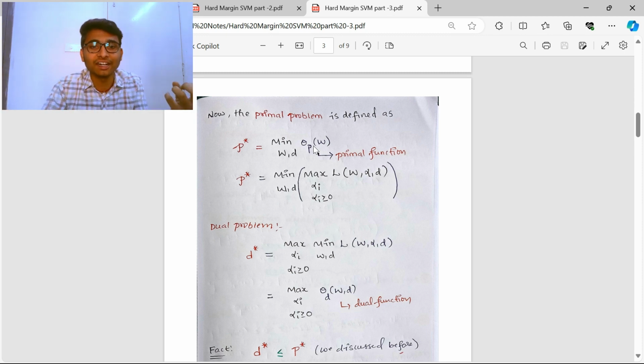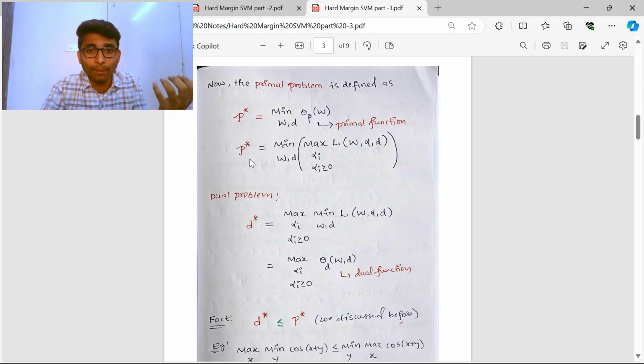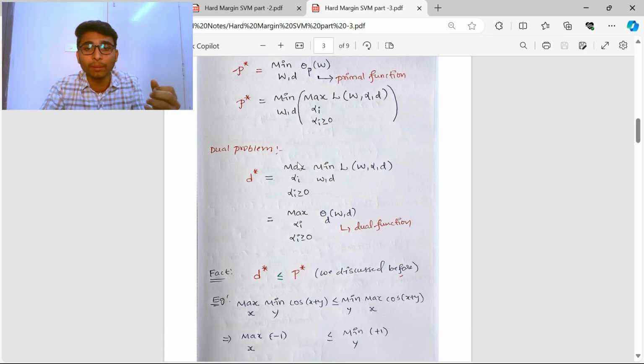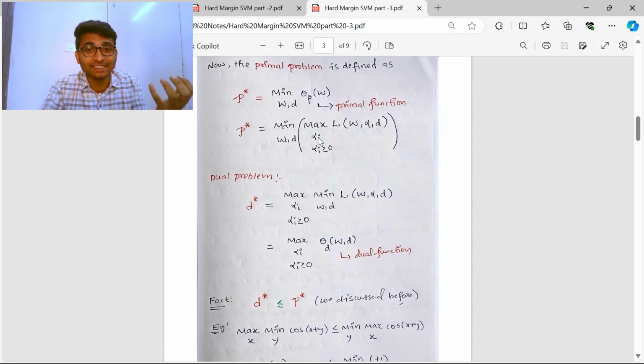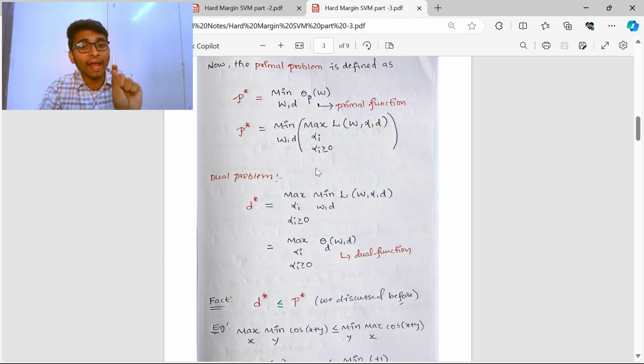Now let's get back to what we want to understand, SVM. Primal problem: p star is equal to the minimum over w, d of theta p of w. I just substituted the primal function here, maximum over alpha i greater than or equal to 0. Now this is our primal problem. How is the dual problem defined? Let's exchange the maximum and minimum.